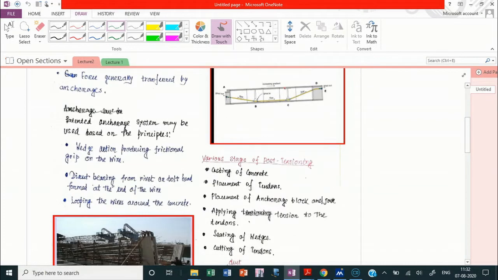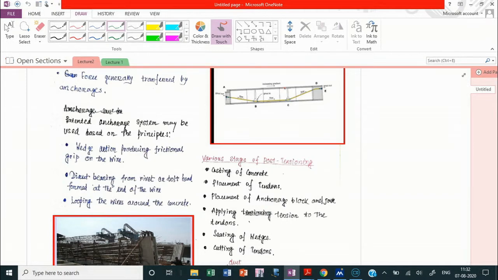These anchorages are very important in the post-tensioning system, rather than in the pre-tensioning system, where very simple types of anchorages are used.